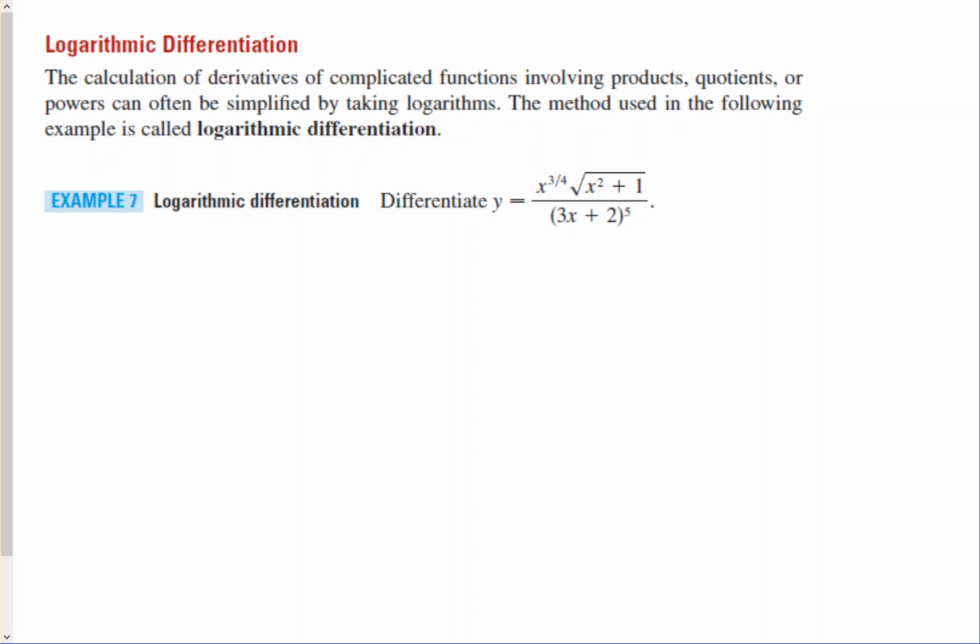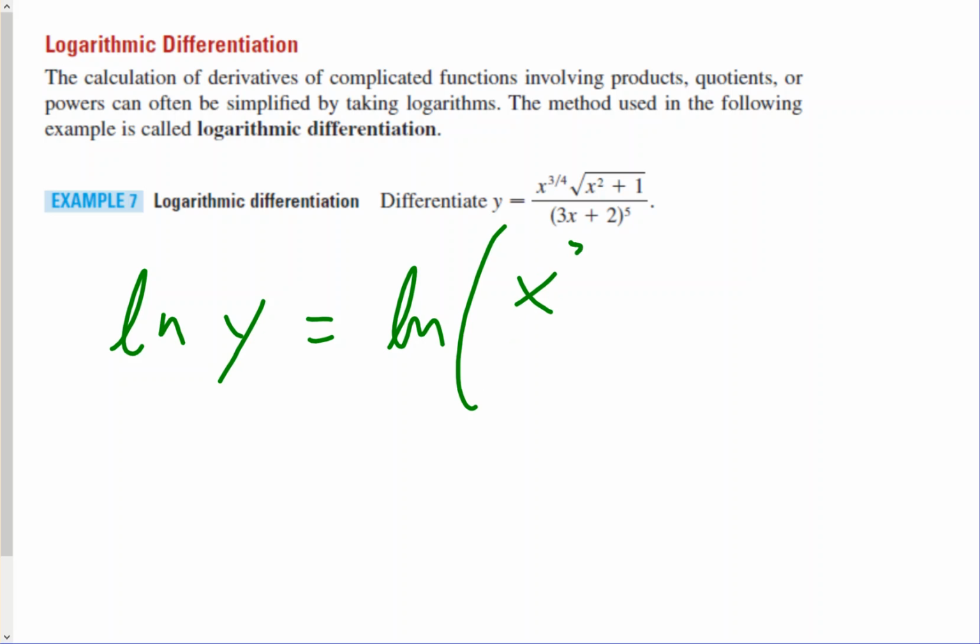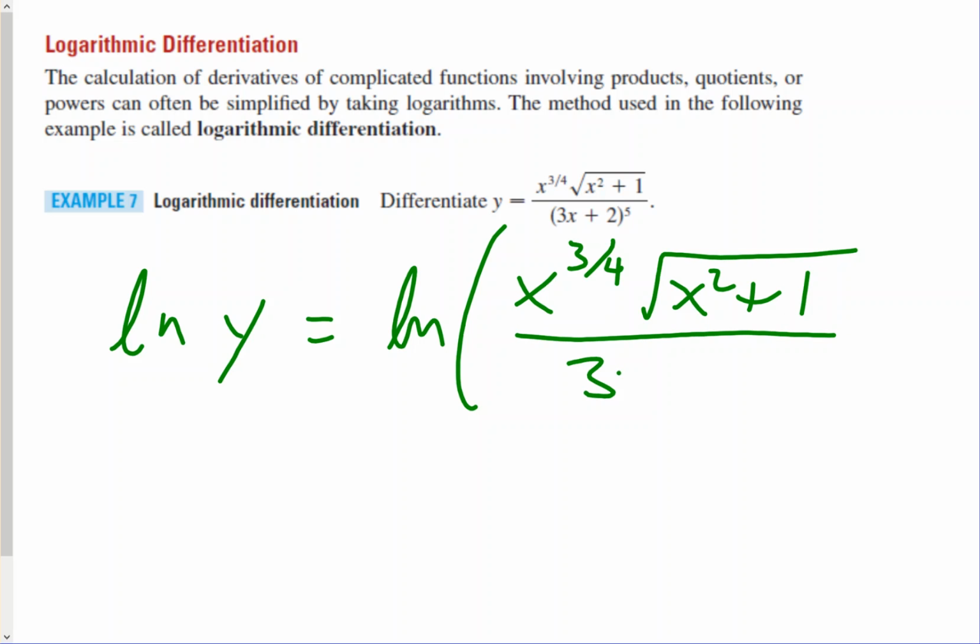Then we use implicit differentiation in order to do that. Okay, so we take ln of both sides here. So we would do ln of y would equal ln of x to the 3/4 times the square root of x squared plus 1 all over 3x plus 2 to the 5th.